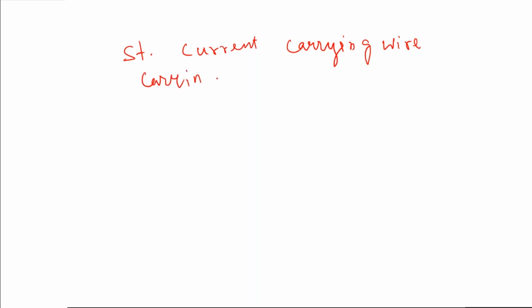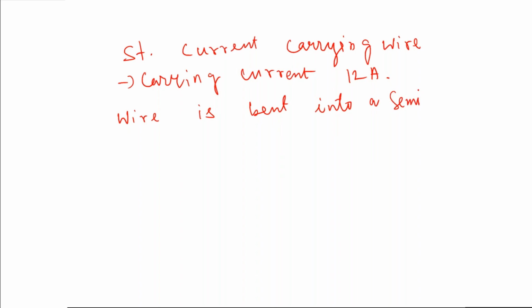Now suppose this straight wire is bent into a semicircular form of radius 2 centimeter.